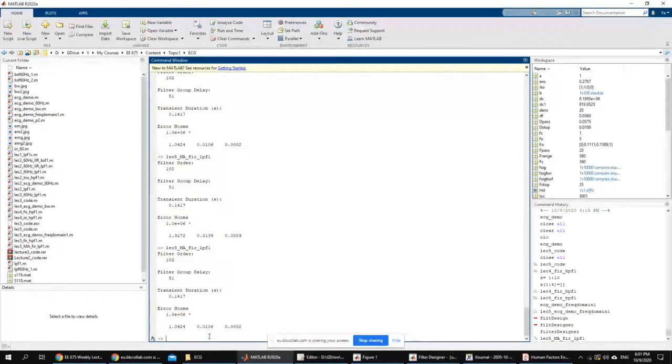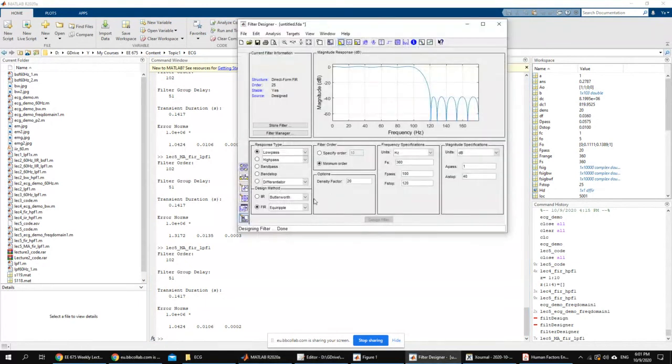Maybe you can choose another type of FIR filter. If you go here to the filter designer, there are so many types of FIR filters. You can change the parameters here. You can change to an IIR filter, or to a frequency domain filter. Basically, you have an open-ended problem.